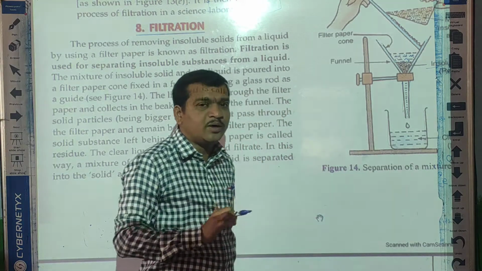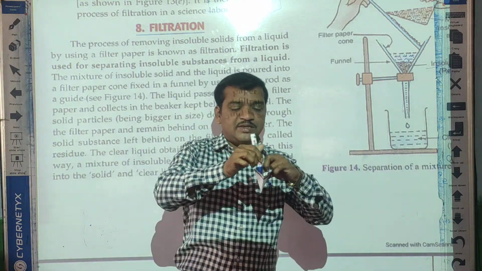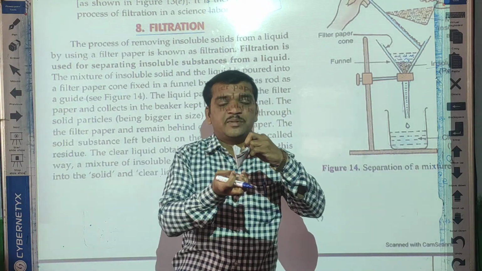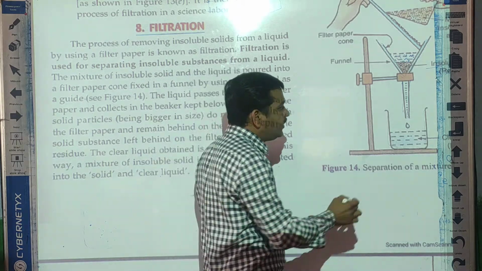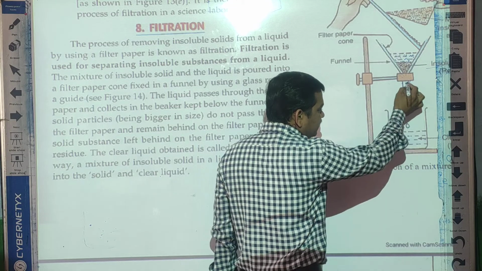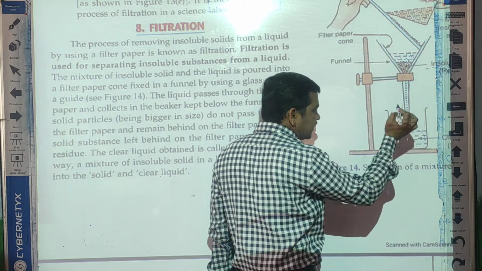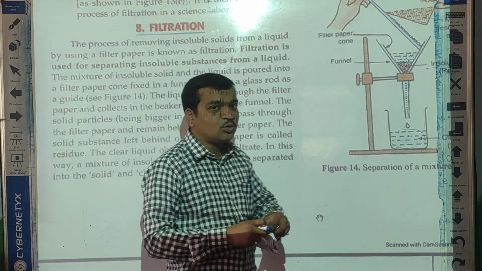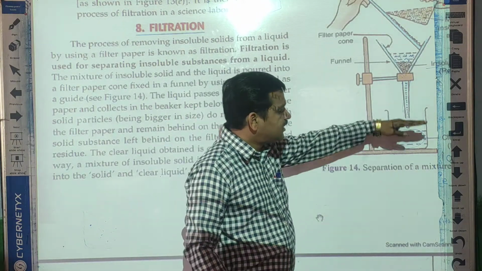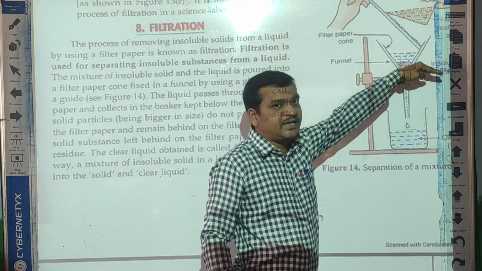Whatever insoluble things are present on the filter paper after filtration, that is called the residue. And the liquid you get in the beaker is called the filtrate. Understood? Now two things you have to keep in mind: one is filtrate and one is residue.